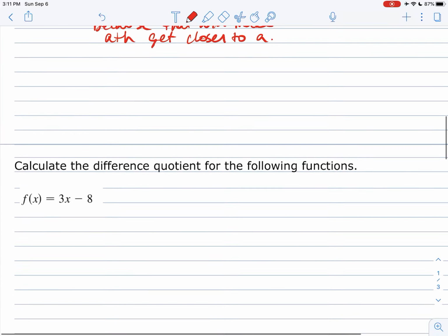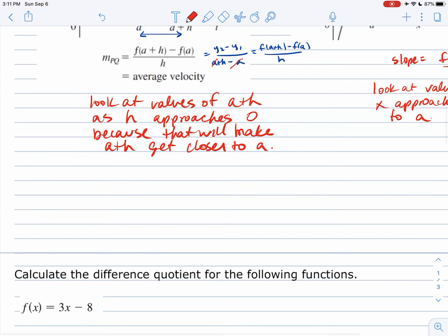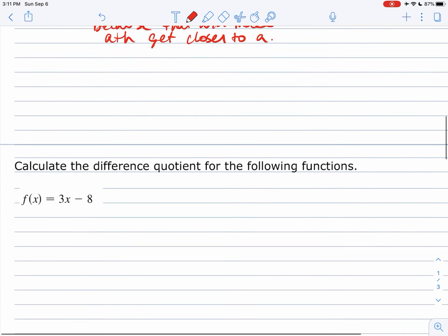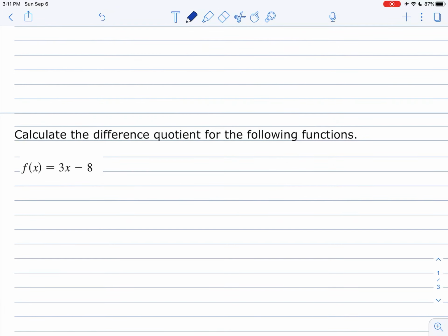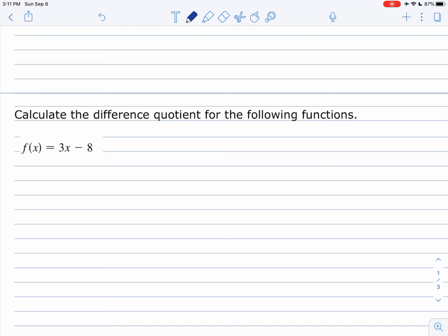So let's start with a very simple one, and what we basically want to do is build or engineer this f of a plus h minus f of a over h, and it's a similar process over and over. It's just that some of the algebraic functions get a bit more complicated as we go along.